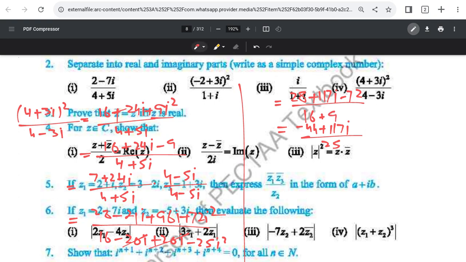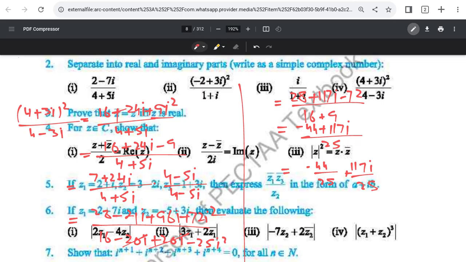It is 25 here. Then our final answer is minus 44 over 25 plus 117i over 25. Okay, dear students, this is the last part of this question.